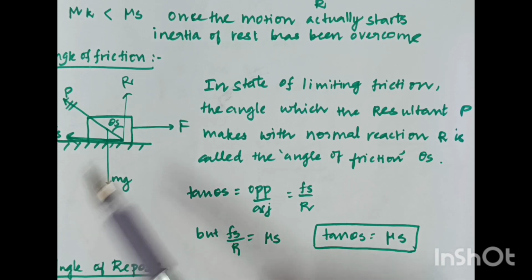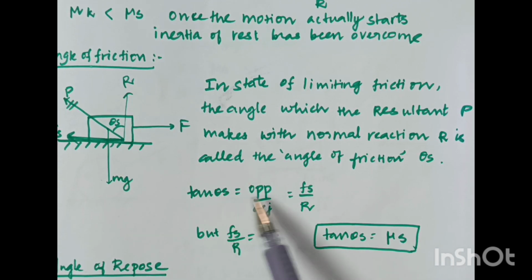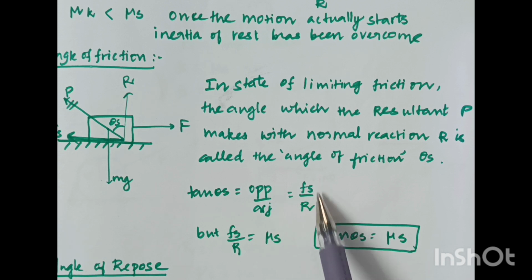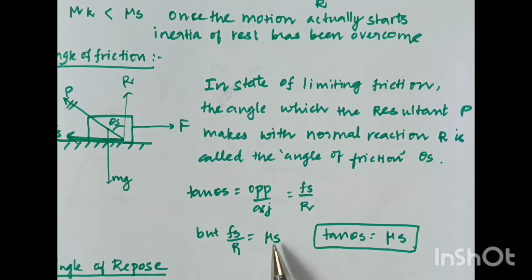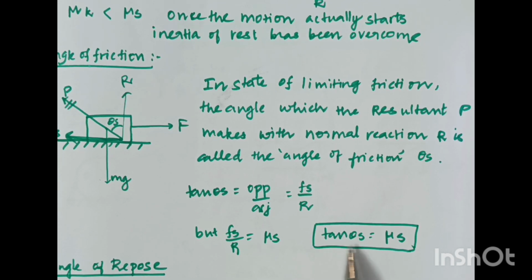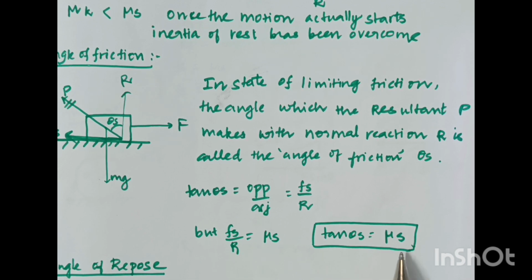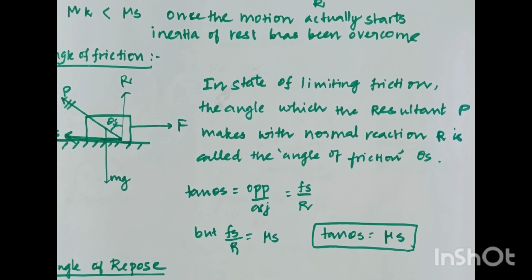From this diagram I can write tan theta s equals opposite by adjacent, so it is Fs by R. But we know Fs by R is mu s, the coefficient of static friction. So tan theta s equals mu s, the coefficient of static friction.